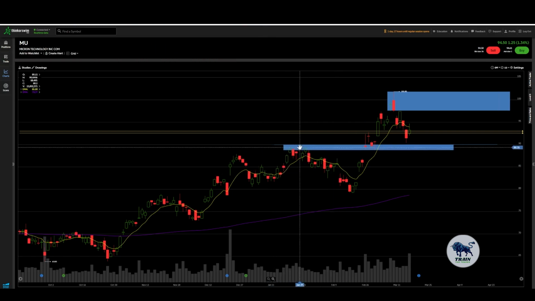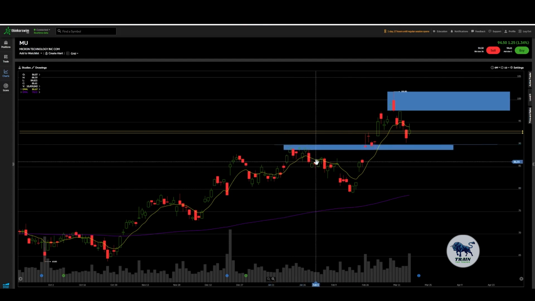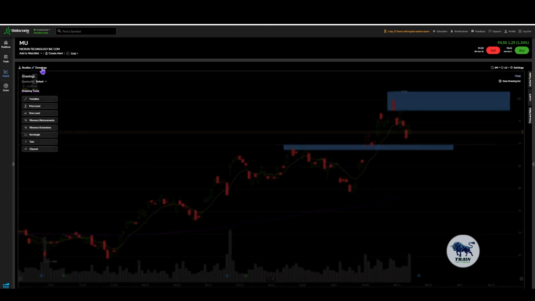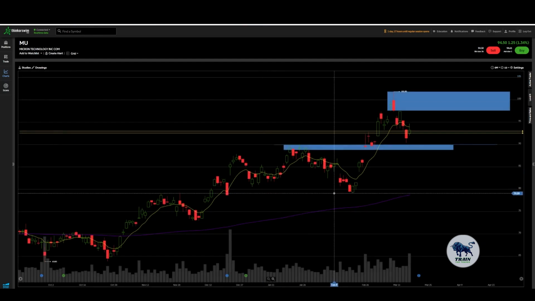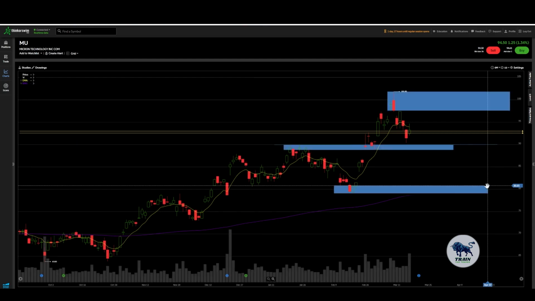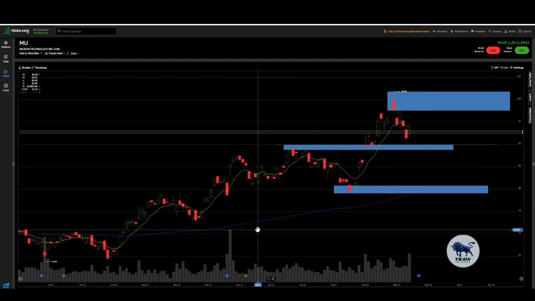So this was a supply zone. We're supplying less, right? So we bounced, rejected off of this resistance and supply zone back down to a demand or support zone. So I can draw another demand zone right here at the bottom of this area, right to the top of that candle. That gives me my demand zone.